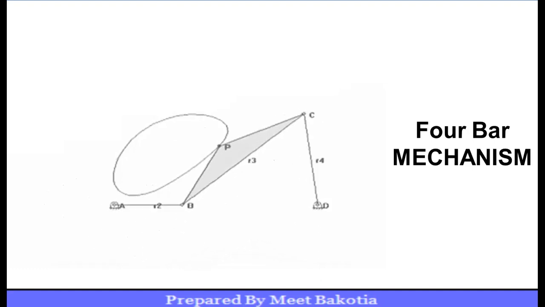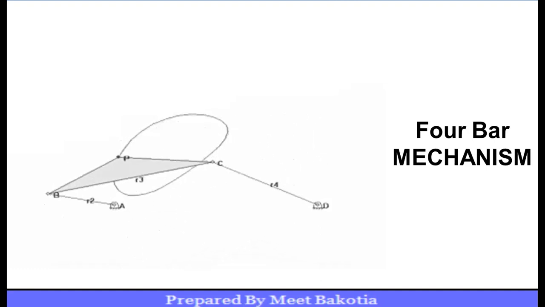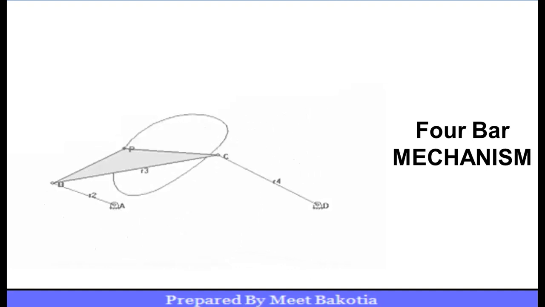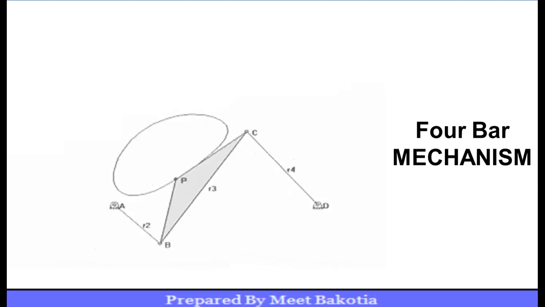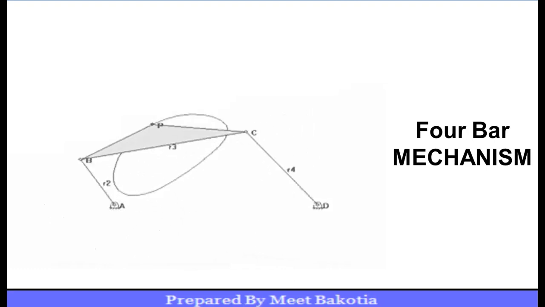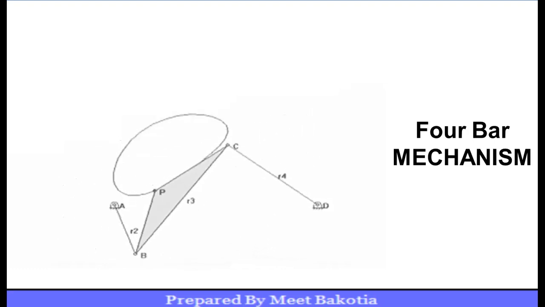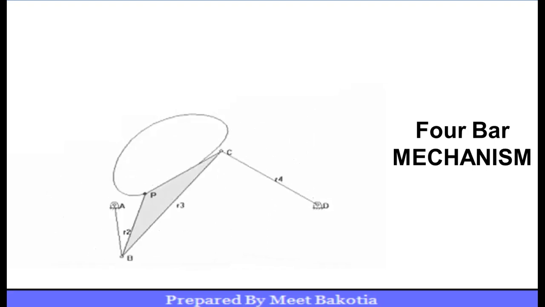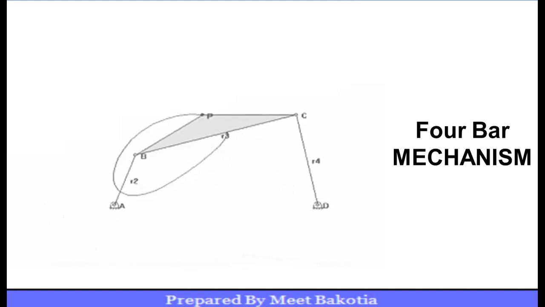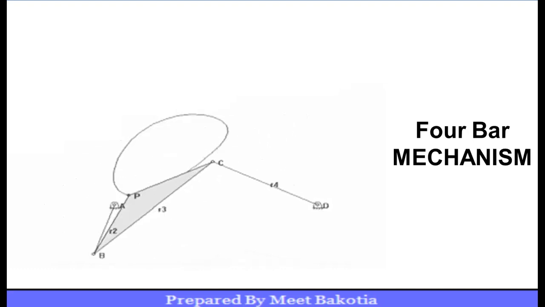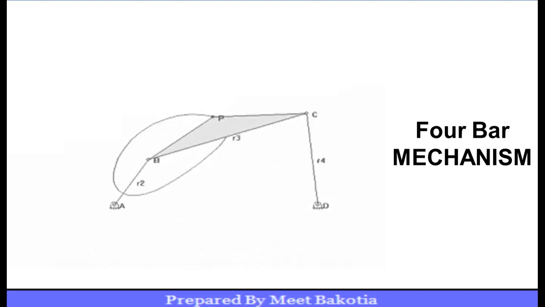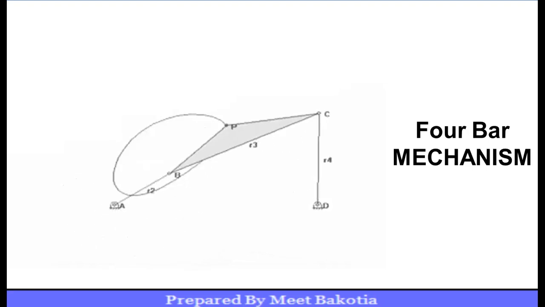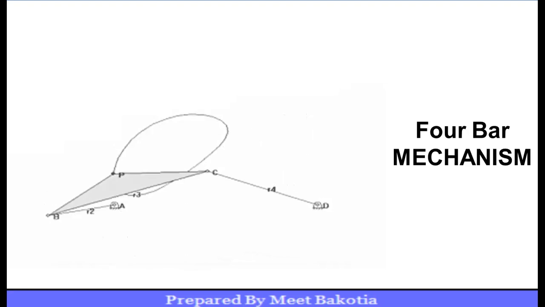So you can see the AB link is the crank link and it completely rotates about the fixed point A. The link attached to that crank is the connecting rod, which is link BC. You can see it is oscillating. The connecting rod or coupler oscillates. And the fourth link is the lever or rocker, which makes partial rotation, that is oscillation. So you can see the link CD, it is oscillating.